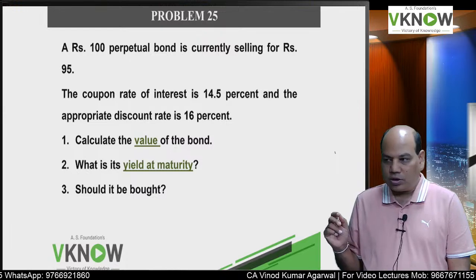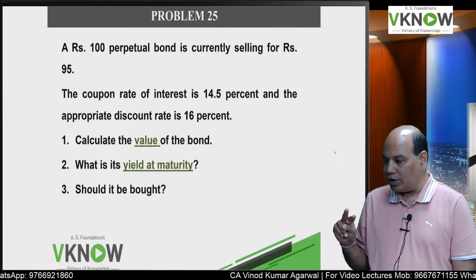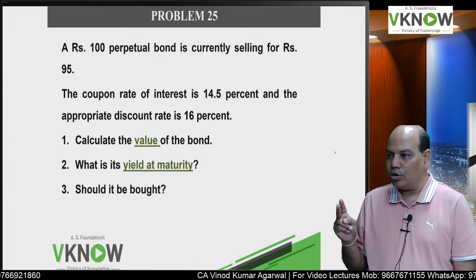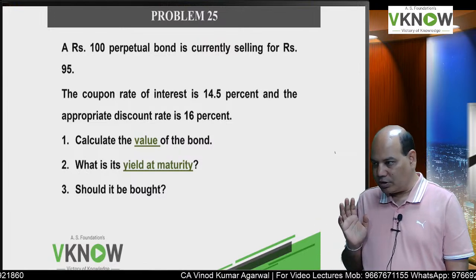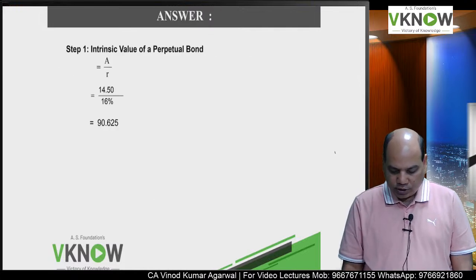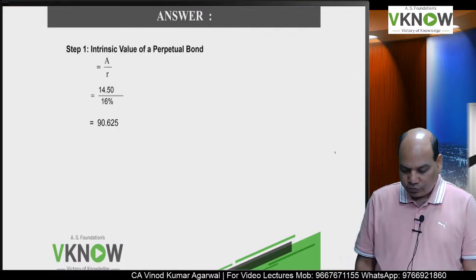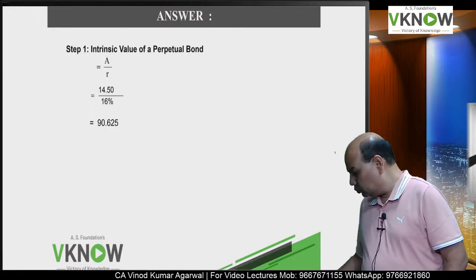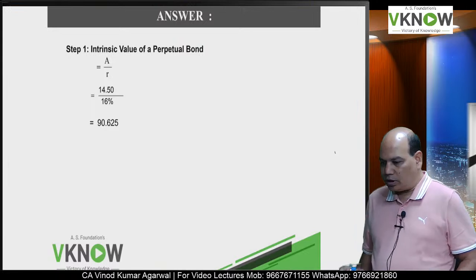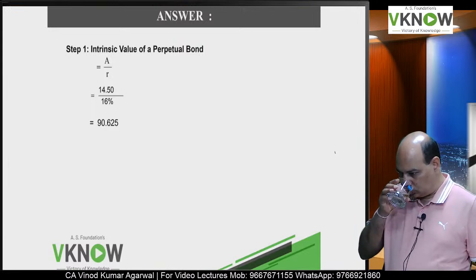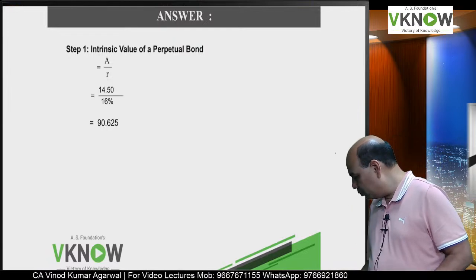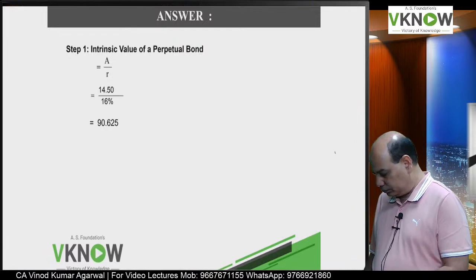So the last question can be answered by comparing YTM with required return, or by comparing intrinsic value with the current market price. Understood? You will be able to solve. Write down first answer, very easy. Step 1, calculation of intrinsic value of a perpetual bond.